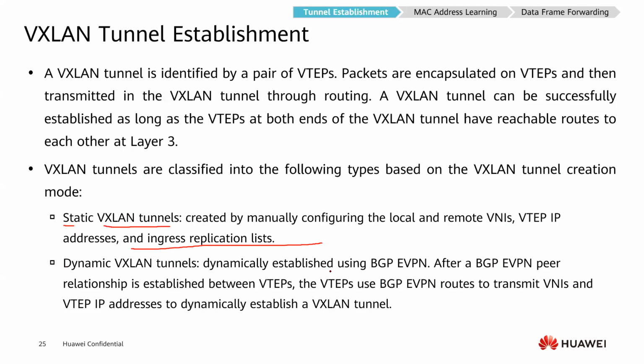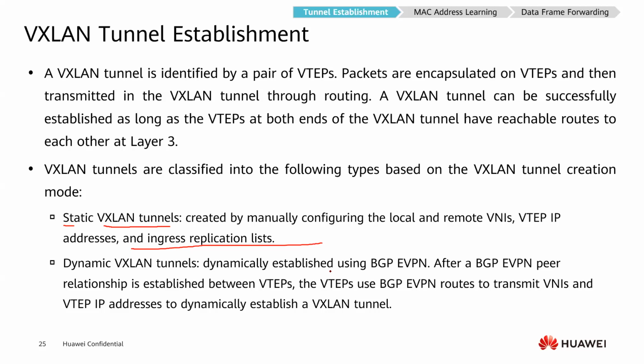It means, I don't know if you remember, I said before, the VXLAN only defines the data plane, all right? It doesn't define the control plane. So we can use another protocol to function as its control plane. And BGP EVPN can be that protocol.